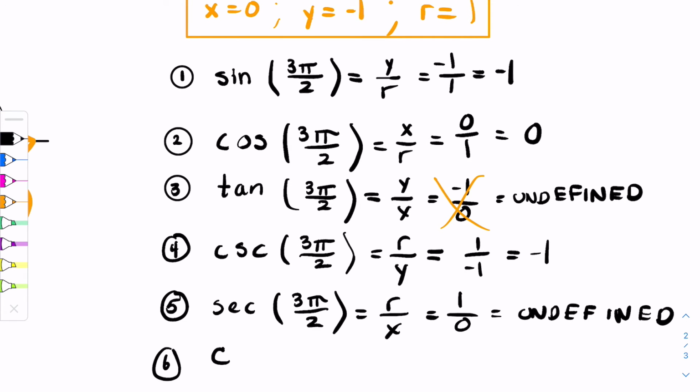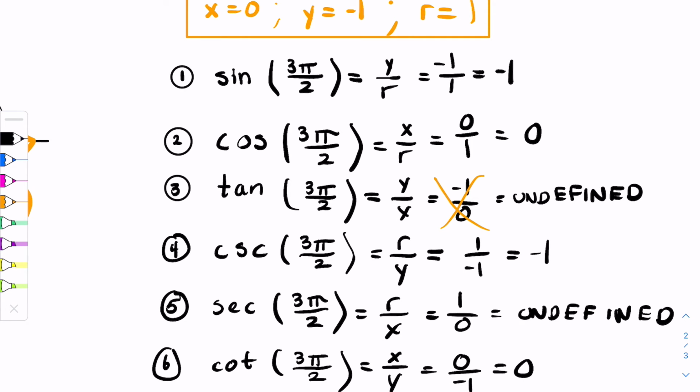And the last trig value is your cotangent value. Cotangent of 3 pi over 2 is equal to x over y, or 0 over negative 1, which is 0. Your 6 trig values are negative 1, 0, undefined, negative 1, undefined, and 0.